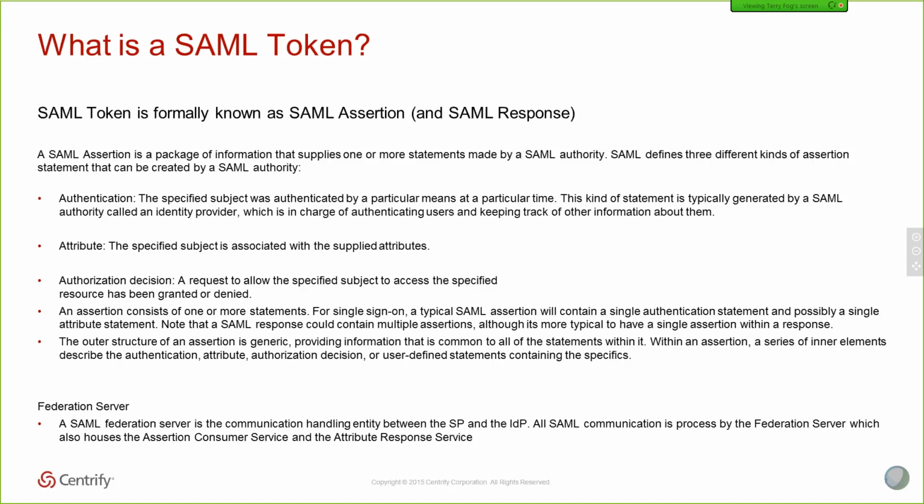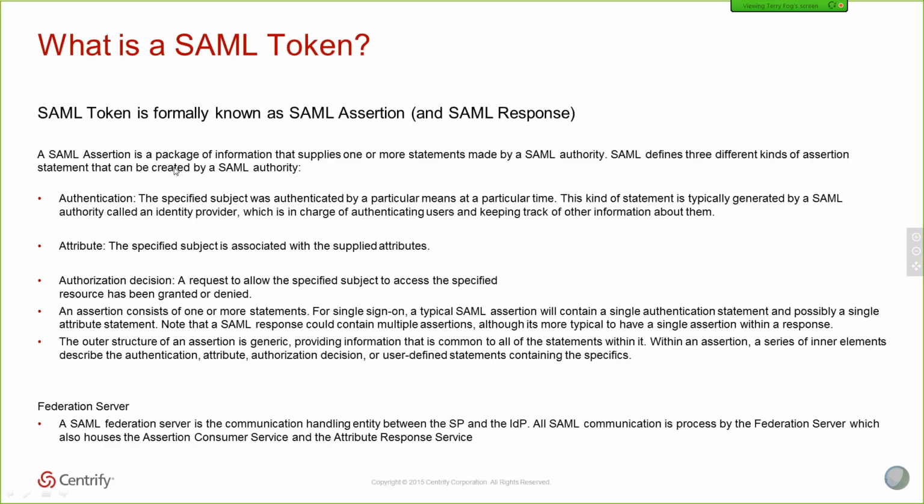SAML response is usually what we refer to. Later on, we'll also talk about SAML request, which is another kind of message. But for SAML response, it's also known as SAML assertion. So these are interchangeable terms.